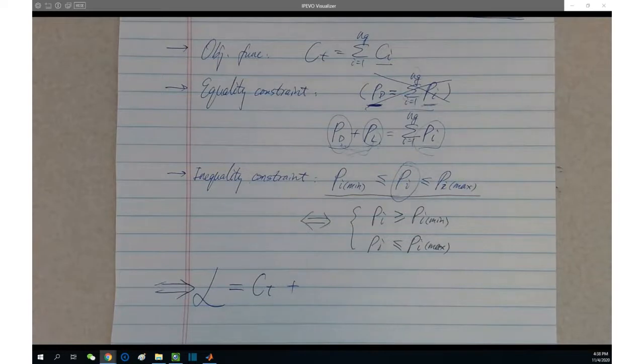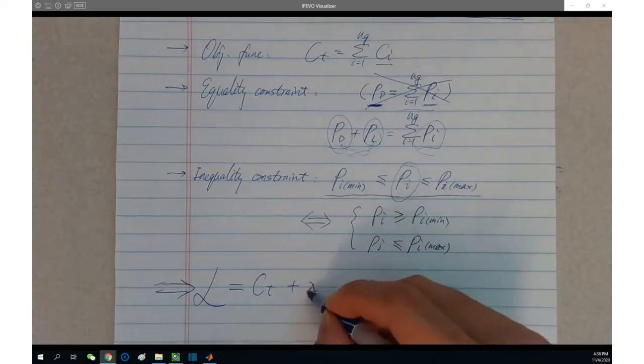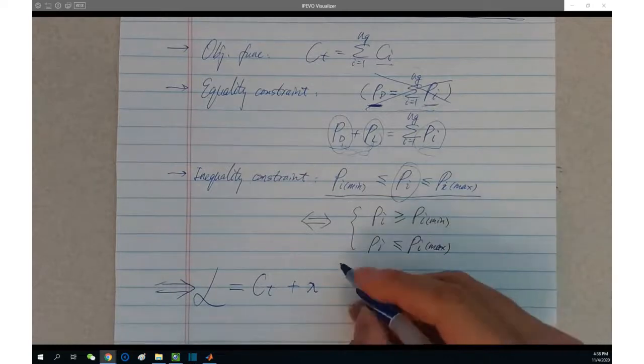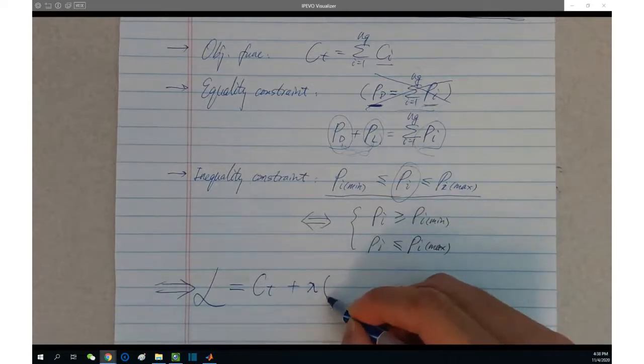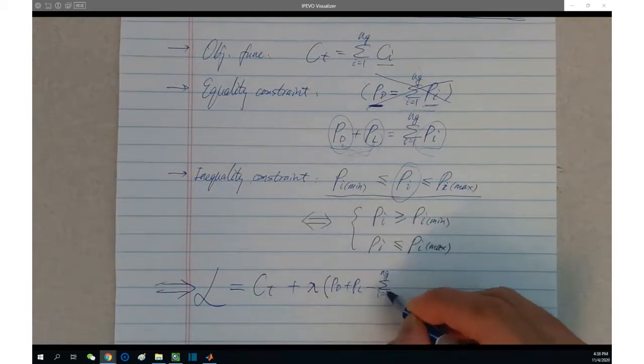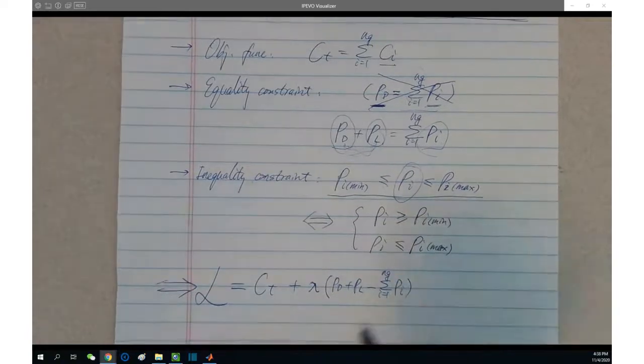You notice that we only need to assume one unknown, lambda, same as the previous case. To involve everything, the parenthesis is PD plus PL minus the summation of PIs. Okay? Done, involving the equality constraint.